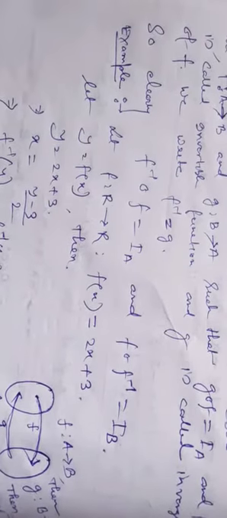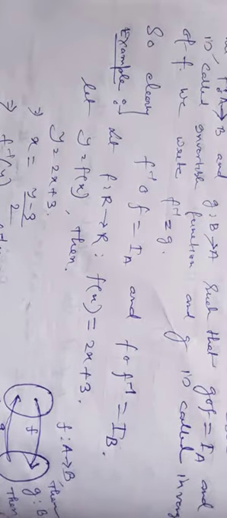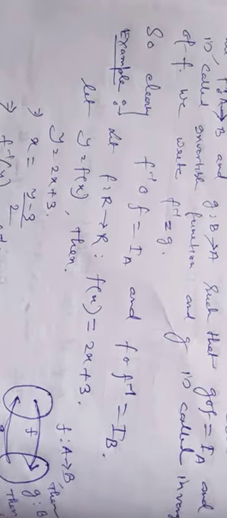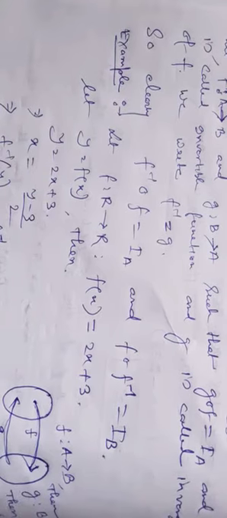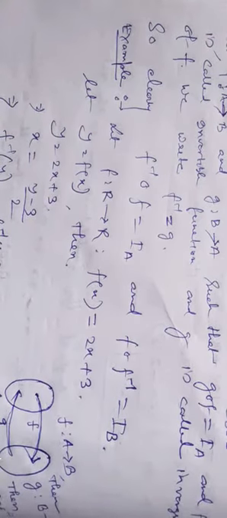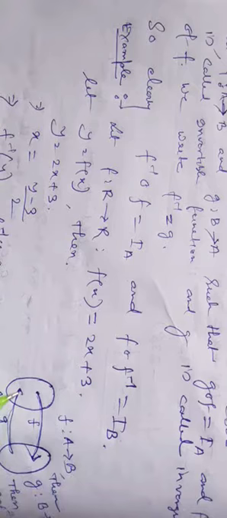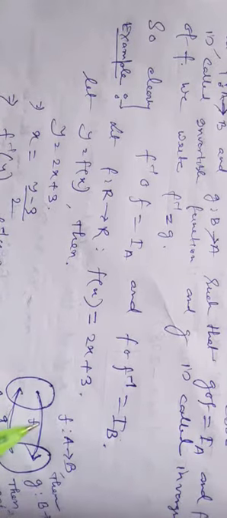Now if we get another map that maps from the codomain set back to the domain set, that is called the inverse function of the previous function.